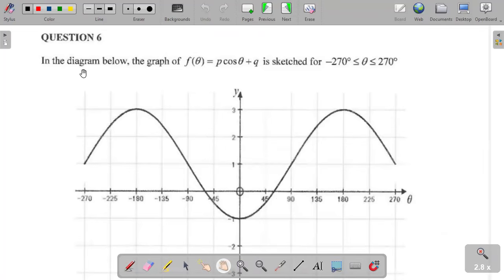They say in the diagram below, the graph of f of theta equals p cos theta plus q is sketched from -270 until 270.